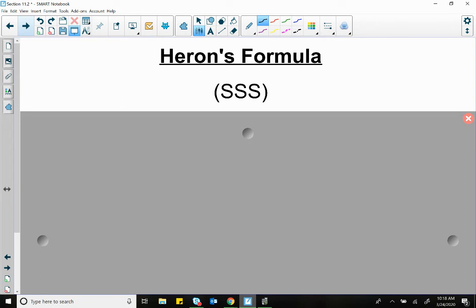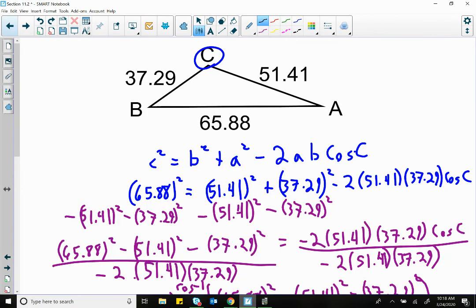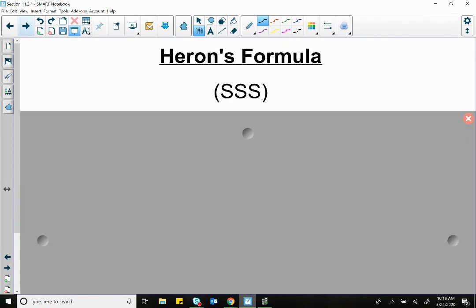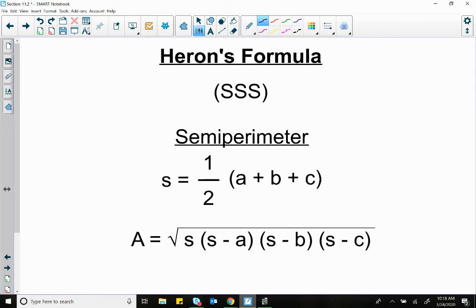I don't have any examples for these because all this is a plug and chug. Okay. So we could actually go back and use this example that's right here and actually find the area of it using Heron's formula, because Heron's formula works for side, side, side. So here's what the formula looks like. You have this thing called a semi-perimeter.